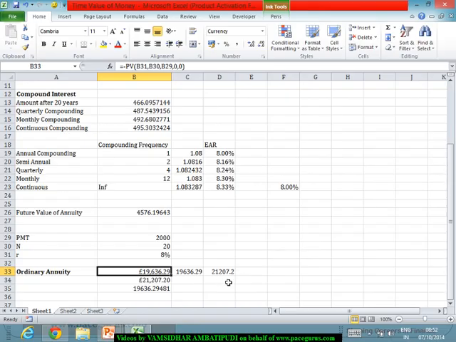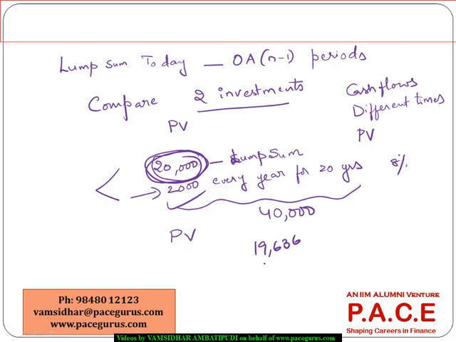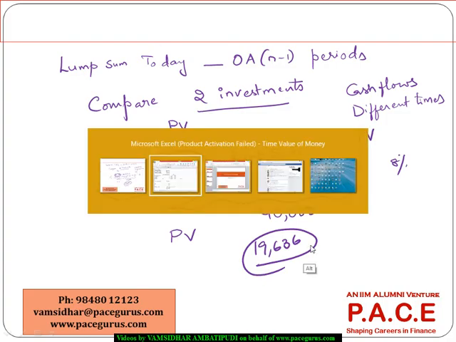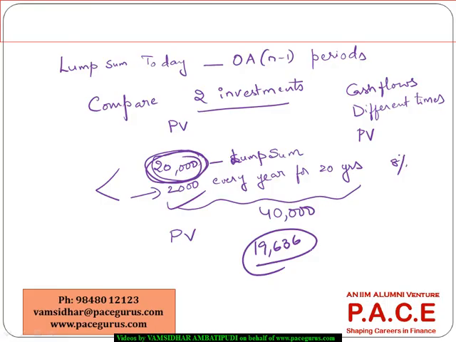So getting 2,000 every year for 20 years, assuming the annual rate of interest is 8%, is equivalent to just 19,636, whereas here it is 20,000.